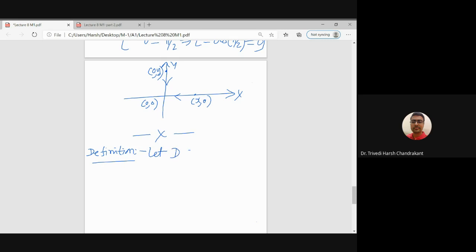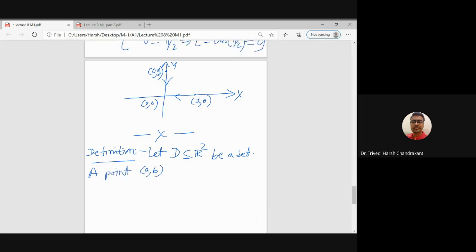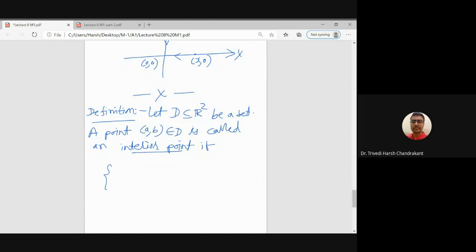So let us see the definition of interior point. If we have a set D which is a subset of R2, a point (a, b) in this set is called an interior point if we consider the circle (x minus a) square plus (y minus b) square less than r square.